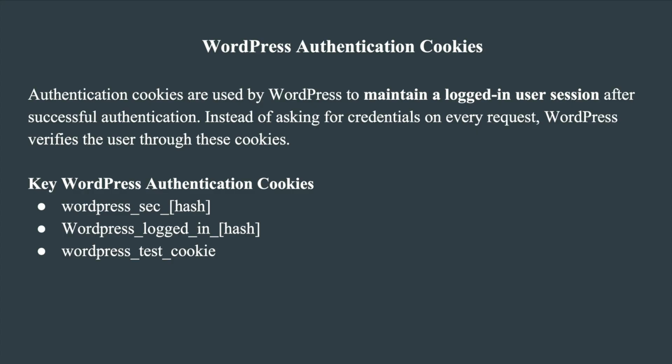Some important cookies include wordpress_ followed by a hash value, wordpress_logged_in_ followed by a hash value, and wordpress_test_cookie. If an attacker manages to steal these cookies through methods like session hijacking or a cross-site scripting attack, they may be able to impersonate the user without knowing the password.